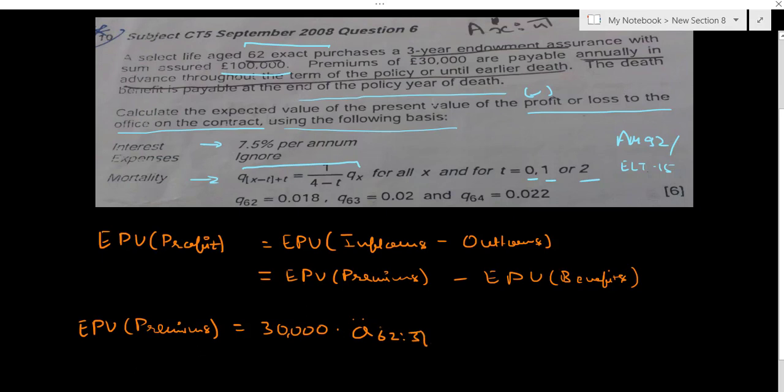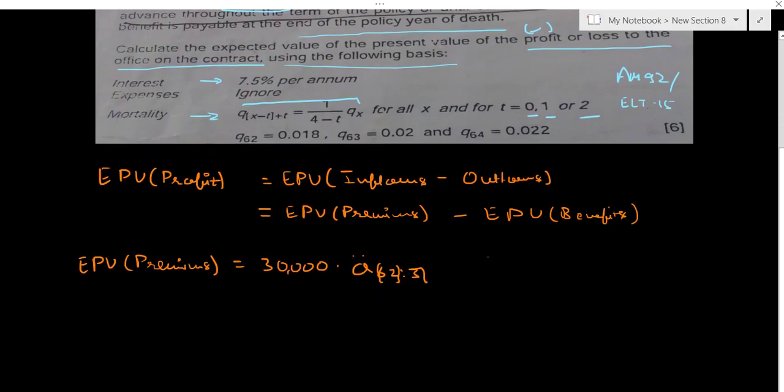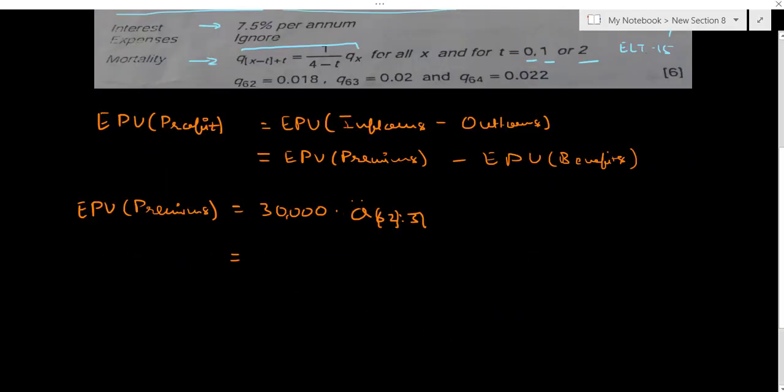And this is obviously select. Now the challenge is to calculate this using these values. So this is just 30,000 times this factor, which is a temporary annuity that is payable in advance.